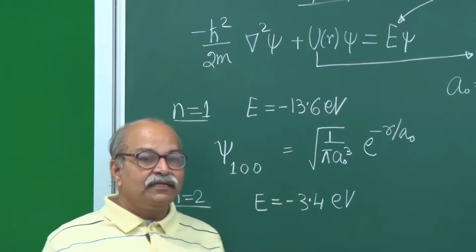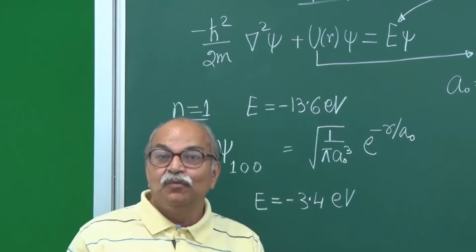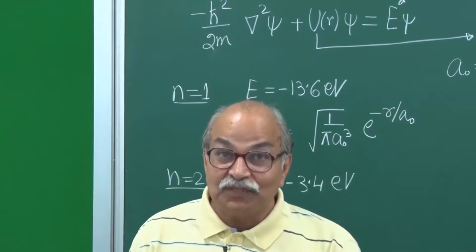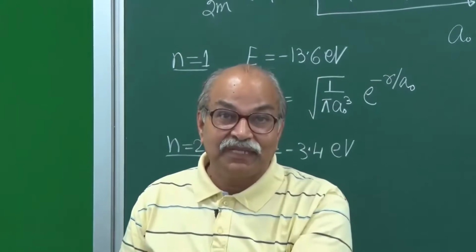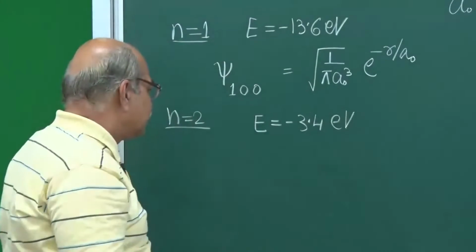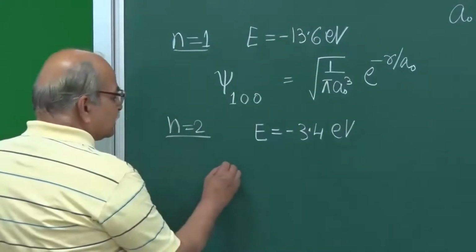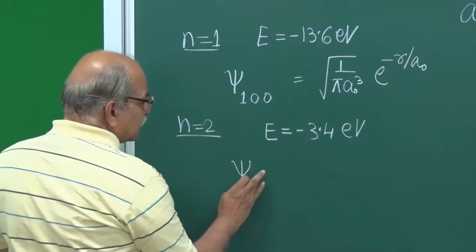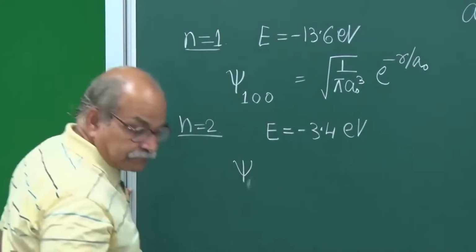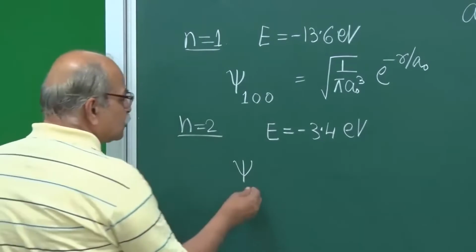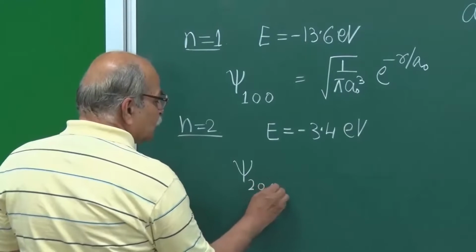It turns out that more than one functional form is possible. In fact, 4 of them are possible. And what are those 4? There are some expressions which I will not write here, but there are 4 which we write as 2, 0, 0.